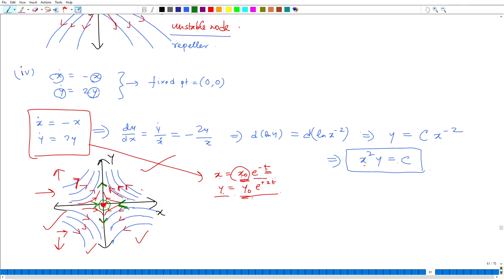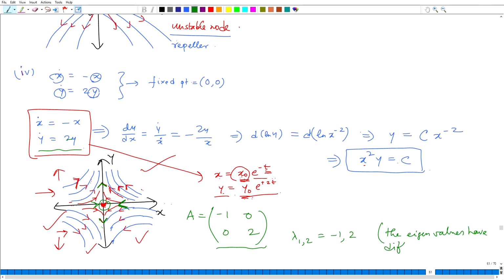Whenever you have this type of position, first of all you will check what the eigenvalues of the coefficient matrix are, and here you will see the coefficient matrix is given by -1 0 0 2. So, its eigenvalues are -1 and 2. So, lambda 1, 2 are -1 and 2, and so the eigenvalues have different signs.